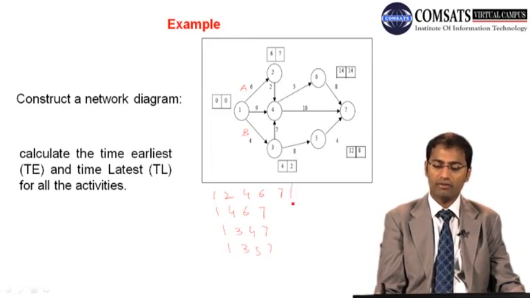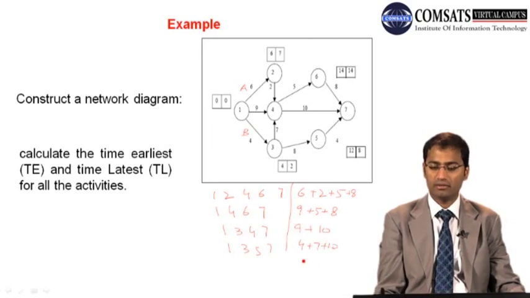Okay. So if we add the durations, 6 plus 2 plus 5 plus 8, and then 9 plus 5 plus 8, and then 9 plus 10, and then another path is 4 plus 7 plus 10, and then another path is 4 plus 8 plus 4.